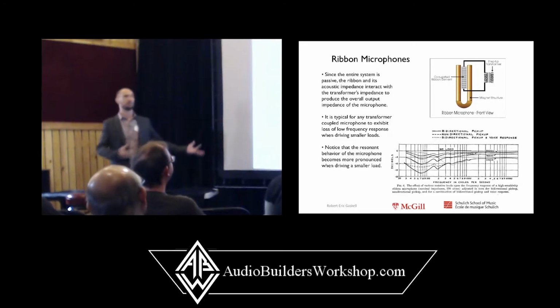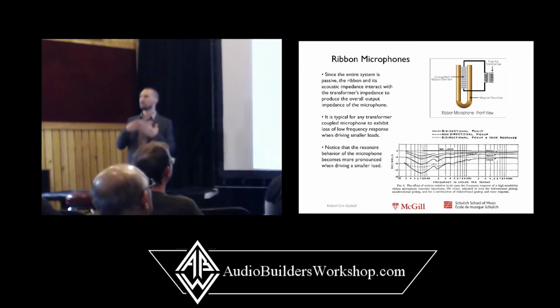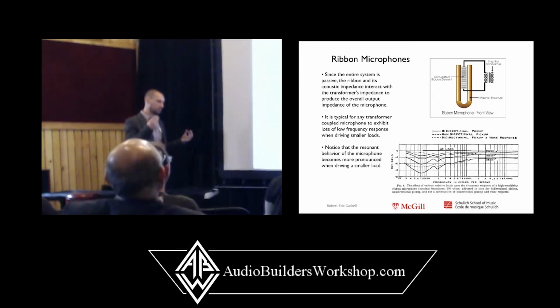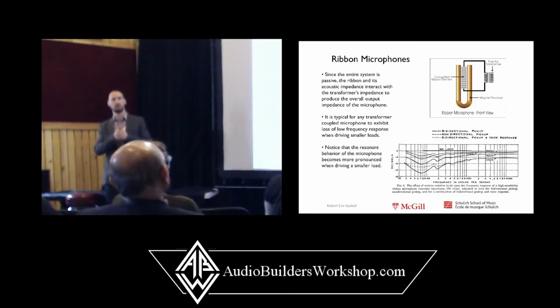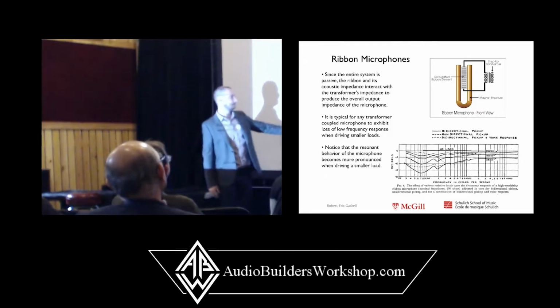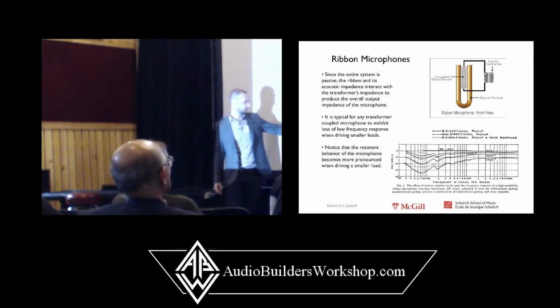And this is an example of a ribbon microphone, very simple topology. You have a ribbon suspended in a magnetic field that drives a transformer to step up the current and give you something that can drive a cable into the mic pre. So a traditional ribbon microphone, completely passive, and very, very delicate impedance in that it will interact with the input impedance of the mic pre significantly.